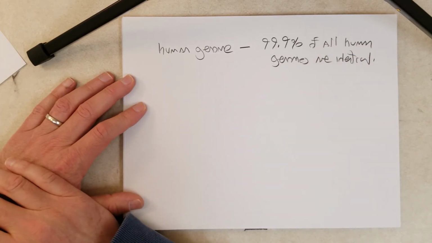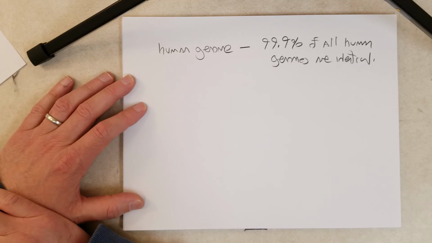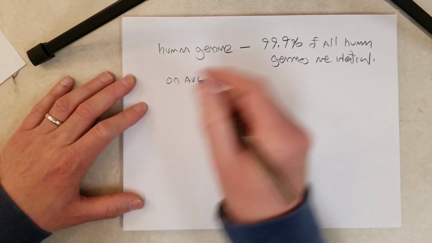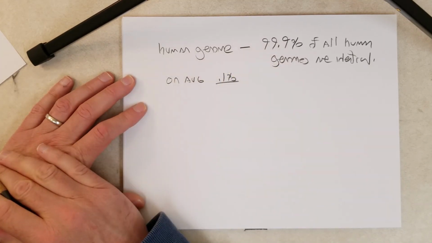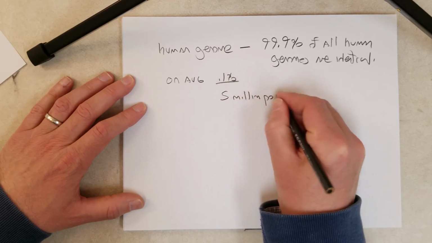So if you were to compare individual A to individual B, 99.9% of their genome sequence would be identical. So on average, that's like 0.1% difference between each human. That's about 5 million positions.